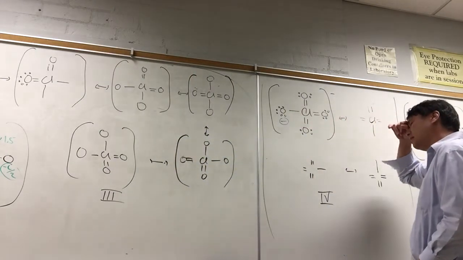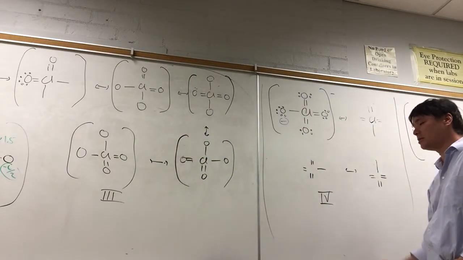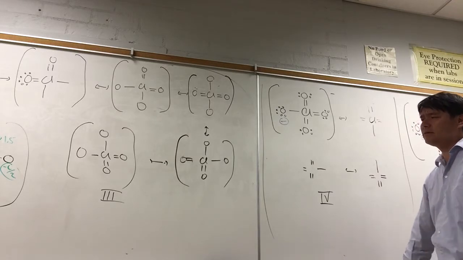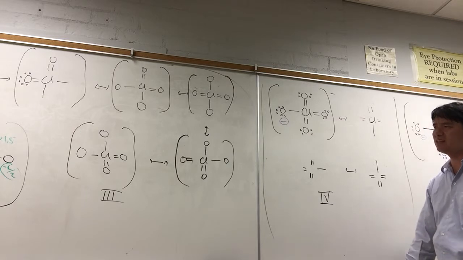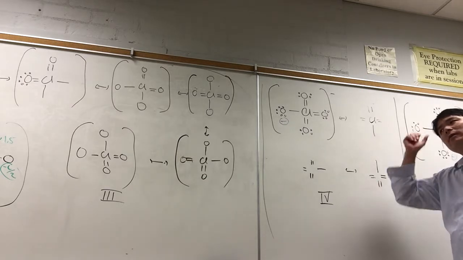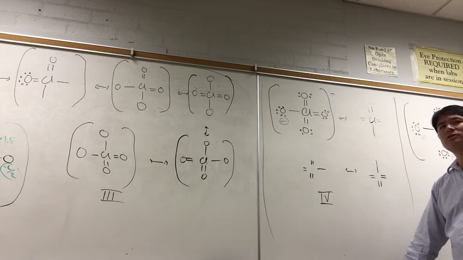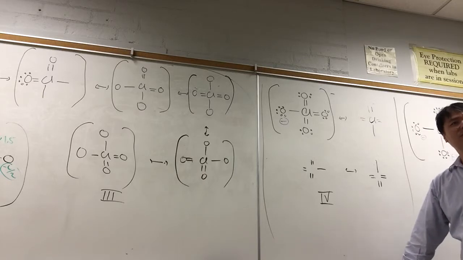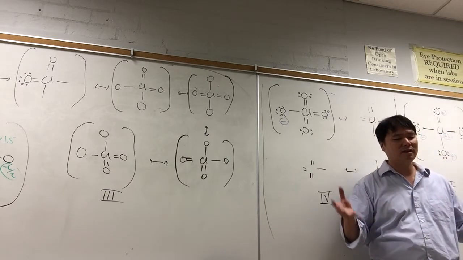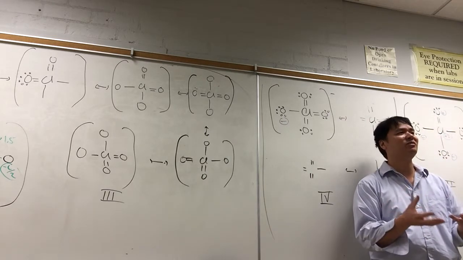The problems with forming the double bonds we're going to be looking at in the next section. But since we're doing Lewis structures in this section, I need to talk about this, and we're going to look at more bonding theory in the next chapter. But for right now, what you would say is probably the best structure is going to be a hybrid of the hybrids. A hybrid of the hybrids means you take all these, and these, and then mix them into one hybrid structure.